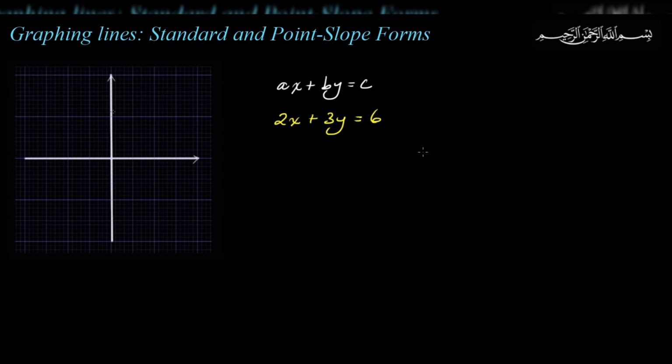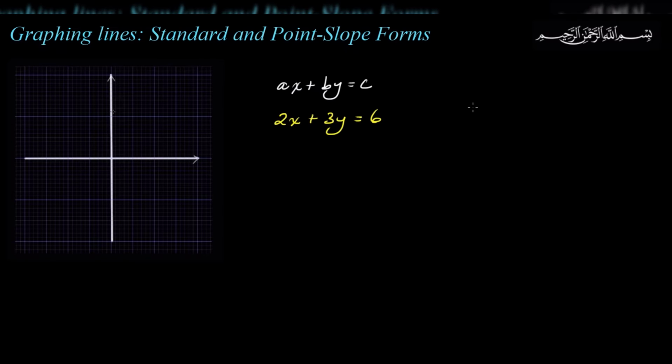This is a line given in the standard form. Here a is 2, b is 3, and c is 6. The coefficients of the variables, 2 and 3, represent a and b, and the constant is 6. So we recognize this to be a line in the standard form.